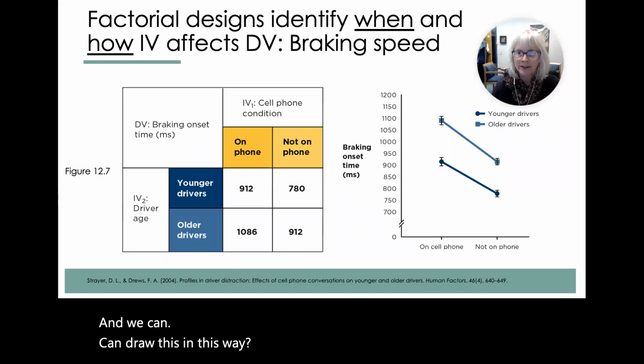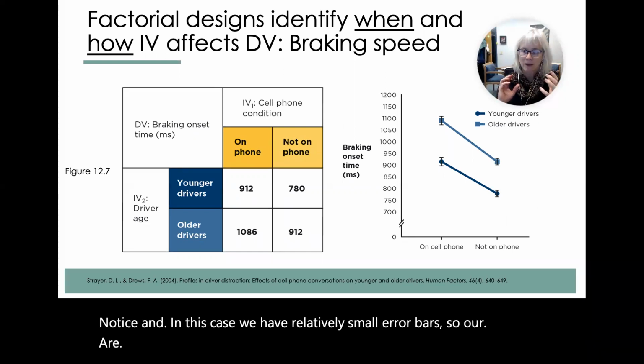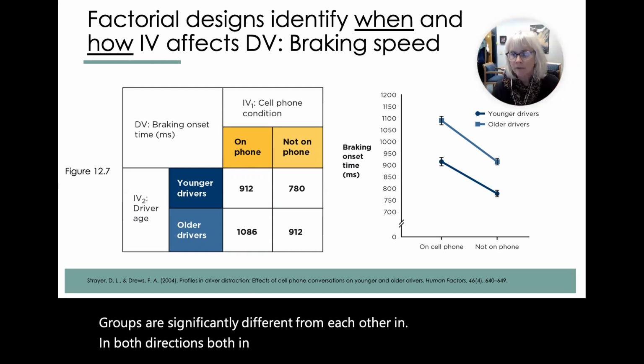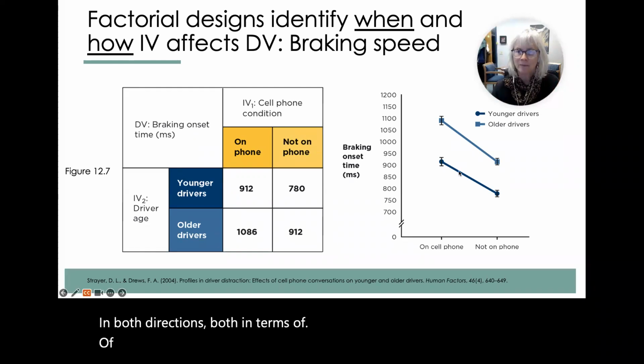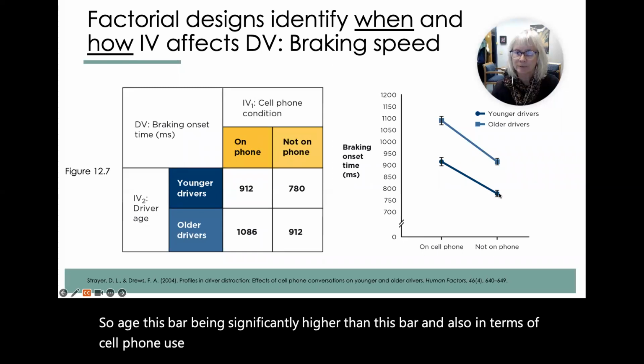Notice in this case, we have relatively small error bars. So our groups are significantly different from each other in both directions, both in terms of age, this bar being significantly higher than this bar, and also in terms of cell phone use here versus here.